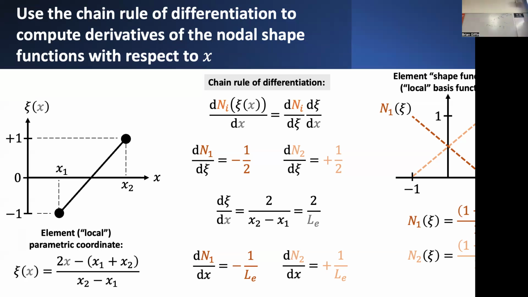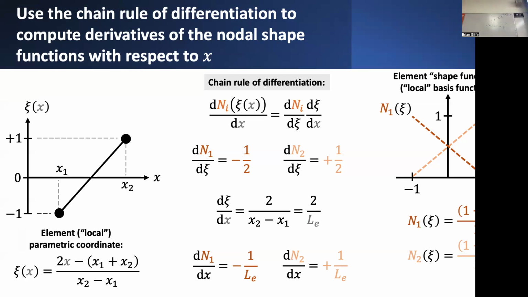If I want to compute the derivative of C with respect to X, I have to come back to this expression and take the derivative of it with respect to X. What I get is 2 divided by X2 minus X1. In this case, the derivative expression does depend on the length of the element, so there's an interesting dependence there.